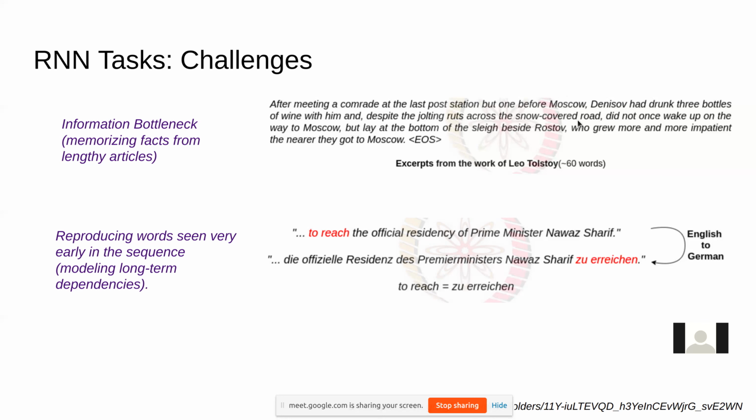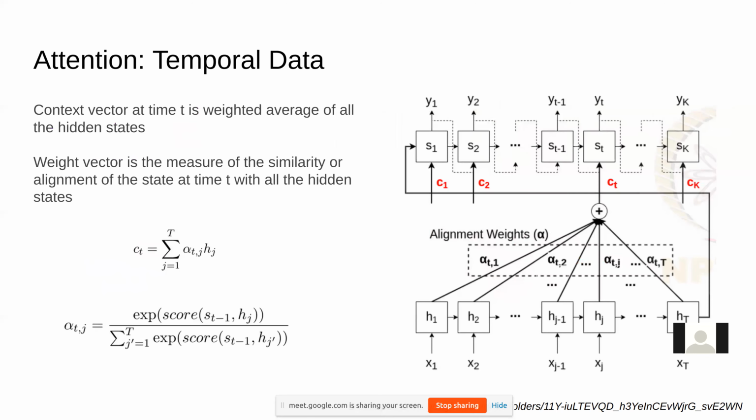So maybe we will be interested in these names, where the meeting happened, Moscow, Denisov, and what is the action going on, and so on. So in this big paragraph, there are certain points, certain words, and certain sentences which should be paid more attention in comparison to others. So this is the intention behind using attention here.